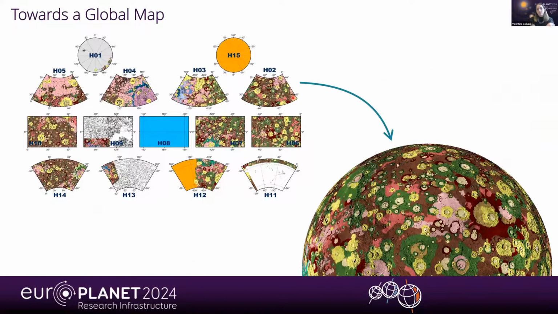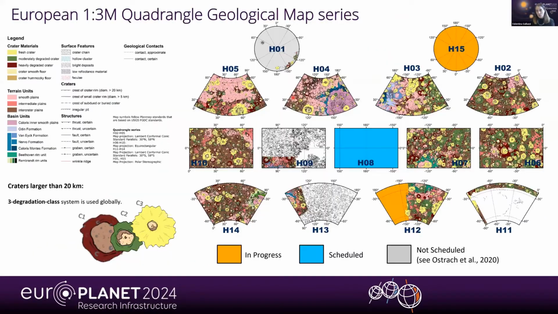Okay, this is because when we started mapping the quadrangles of Mercury, the 5 degradation system by Kinczyk et al. 2020 wasn't yet released. There was available a 5 degradation classification system by the Mariner 10 team that, however, defined that classification system on craters confined to the Caloris area and the 40% of Mercury that was covered by Mariner 10.